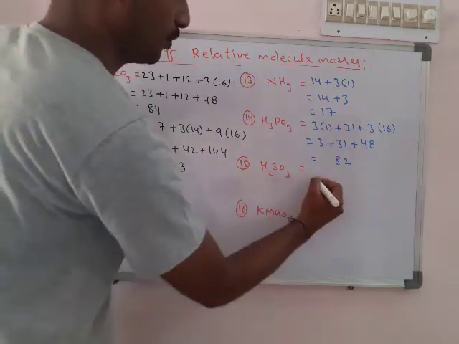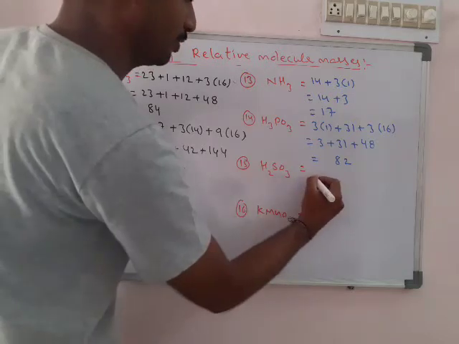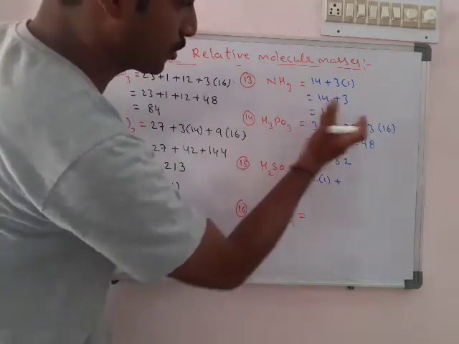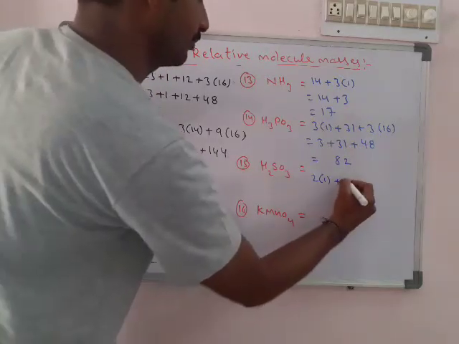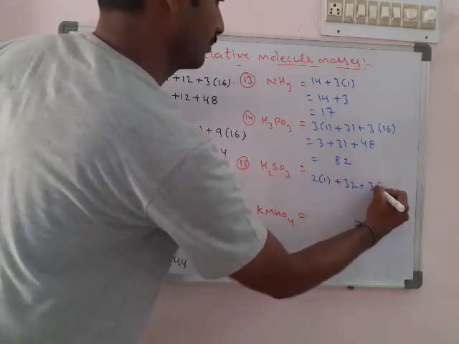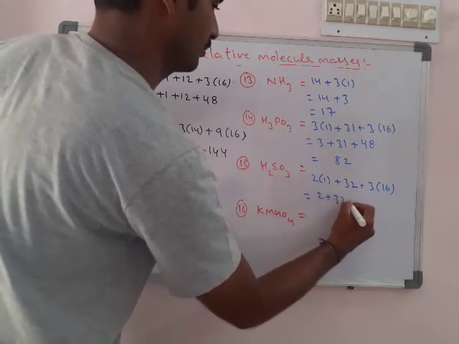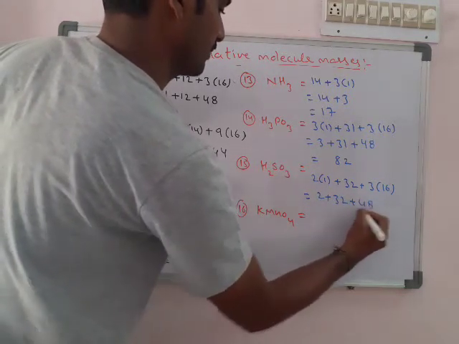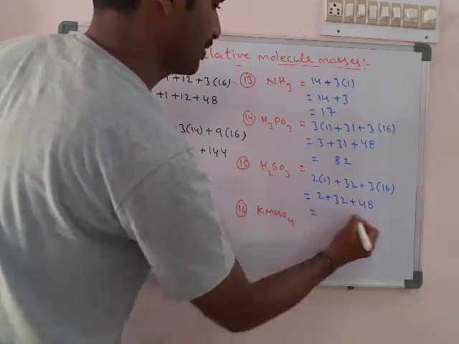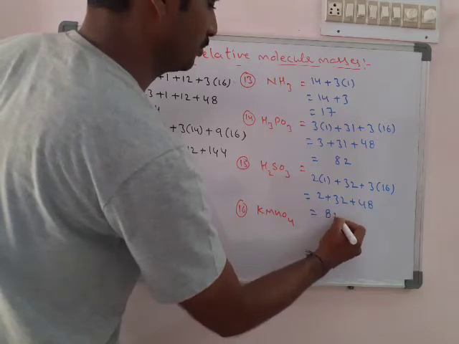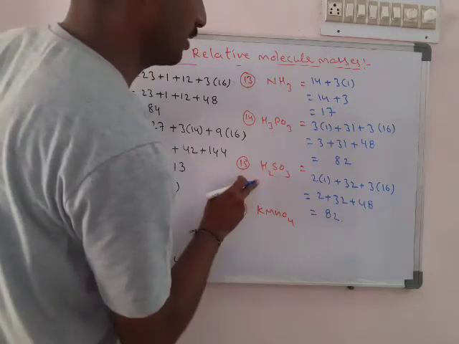So H2SO3, first sulfurous acid, 2 hydrogens. Write neatly, okay, using boxes. Here we will get how much? So 48, 50. Again we are getting 82. How it is possible?